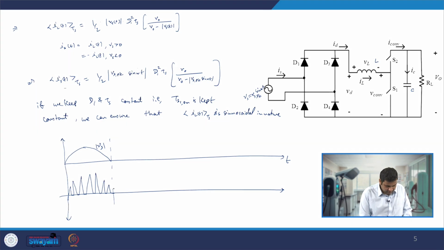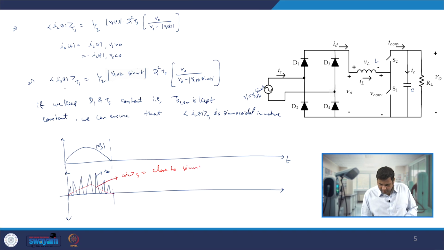The average variation will be something like this, and this is your IL. The peak of IL is varying sinusoidally, having its maximum value at the peak of the modulus Vs, and this is the IL average variation over Ts, and this is close to sinusoidal.